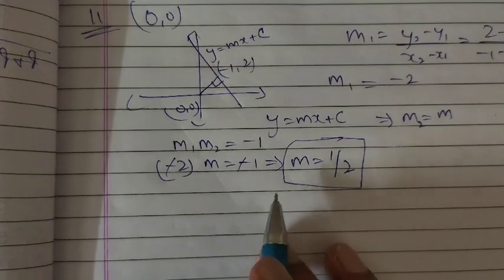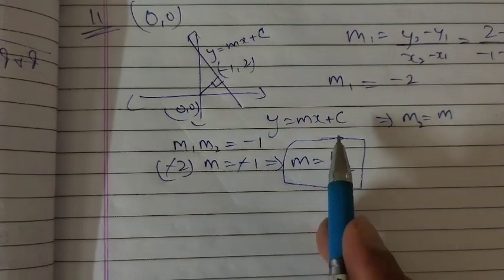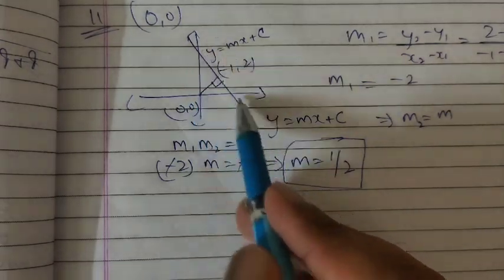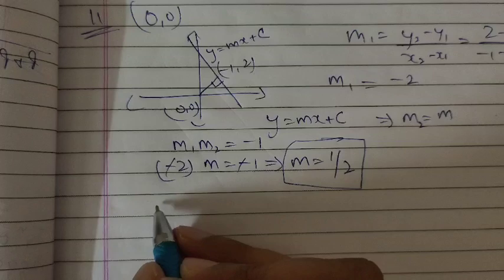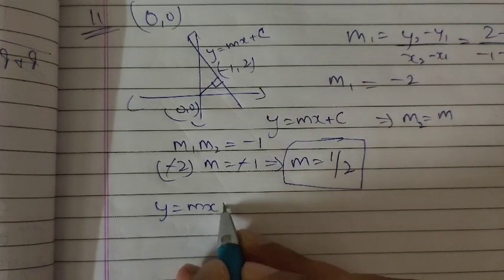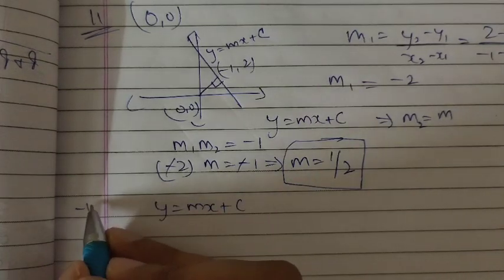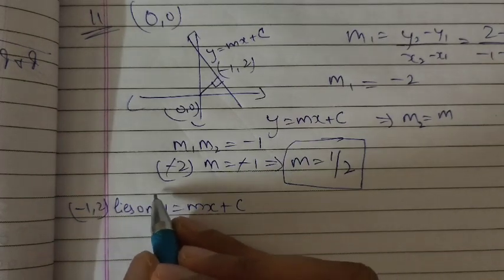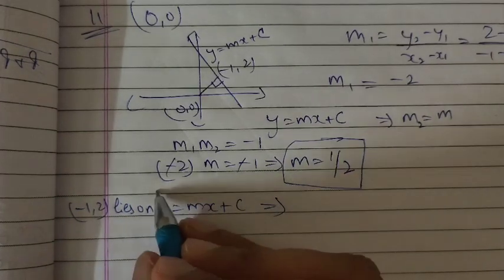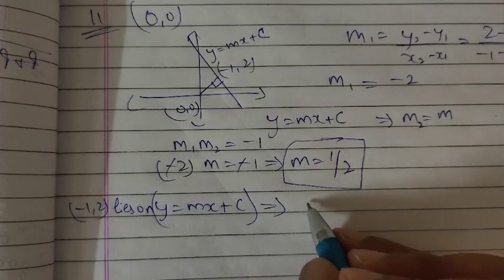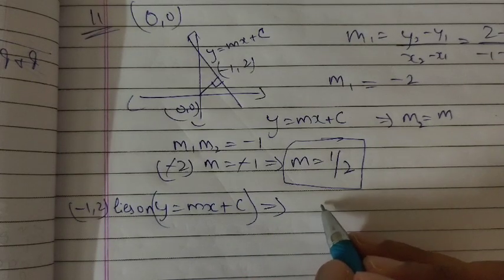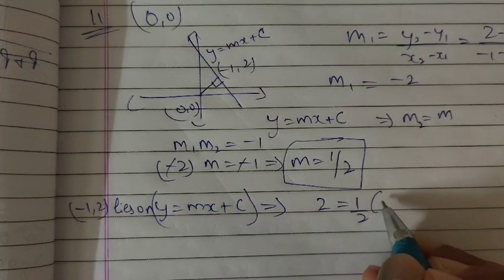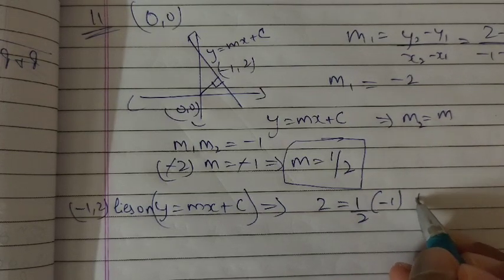Now we have to find the c value, right? We know that (minus 1, 2) lies on this line, so its coordinates should satisfy y is equal to mx plus c. So y is 2, m is 1 by 2, x is minus 1, plus c.